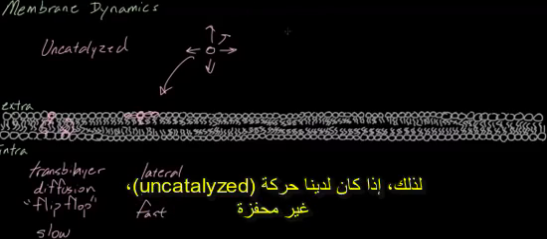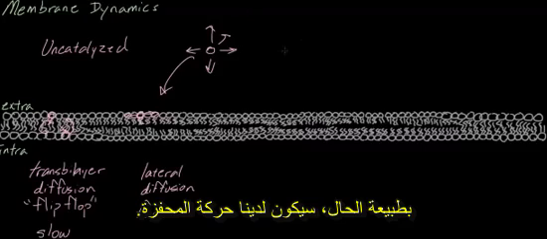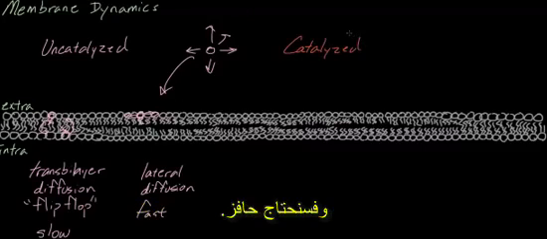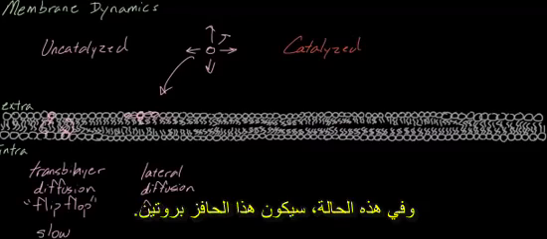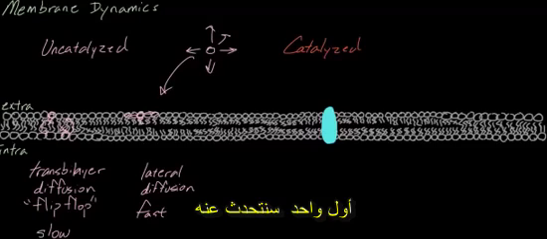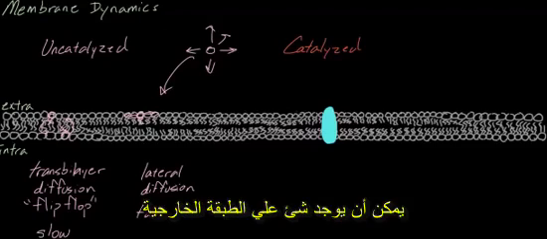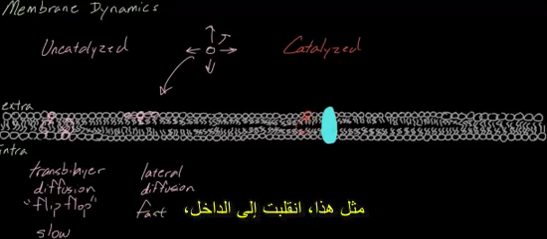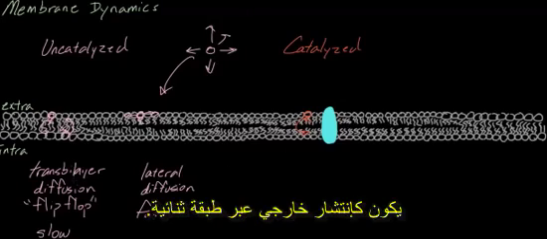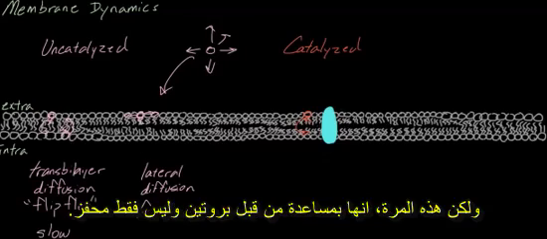So if we have uncatalyzed movement, naturally we will have catalyzed movement. And since this movement is catalyzed, we're going to need a catalyst. And in this case, our catalyst will be a protein. The first one we're going to talk about is we can have something on the outer leaflet, like this, actually flip to the inside, kind of like our trans-bilayer diffusion. But this time, it's aided by a protein, a catalyst.